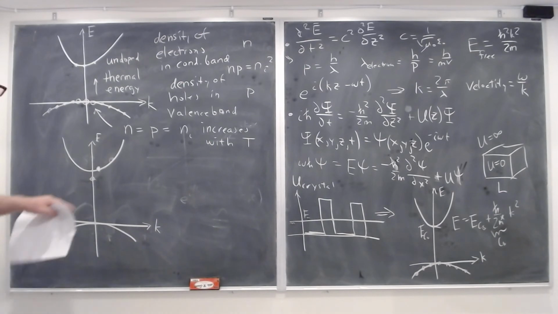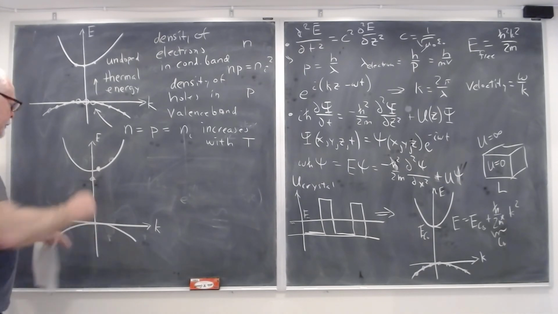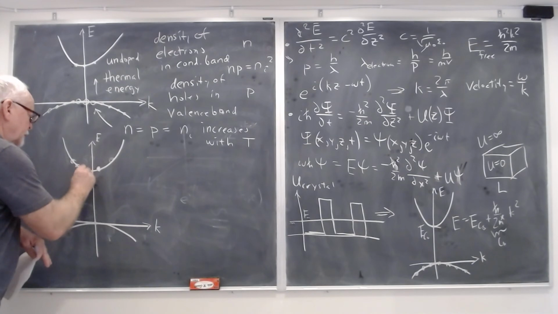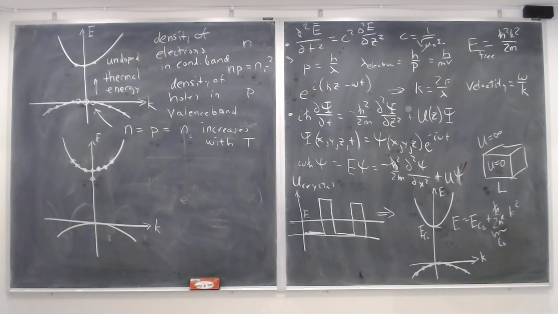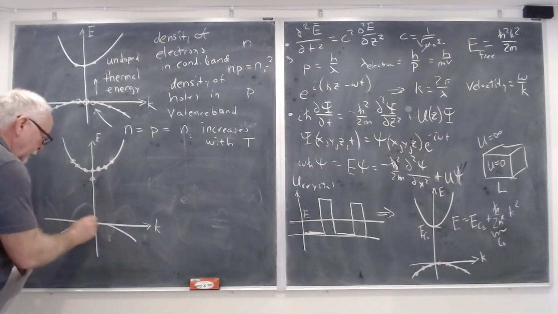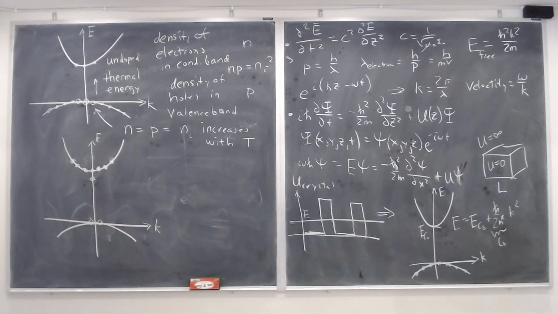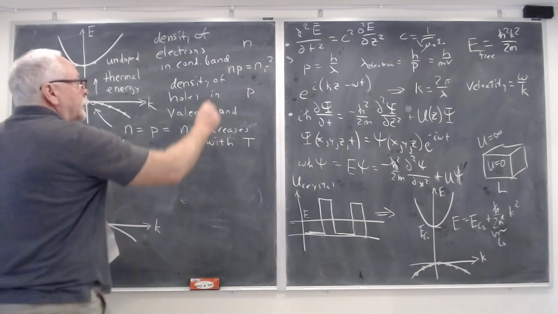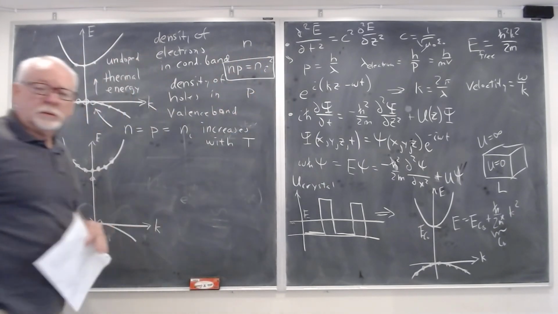Now, if a semiconductor is doped n-type, it's going to lead to a lot of electrons in the conduction band and very few holes in the valence band. And the result is still that N times P is Ni squared.